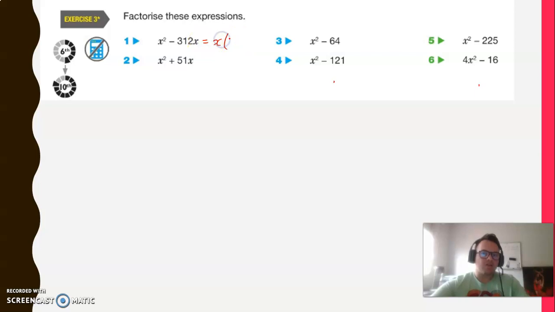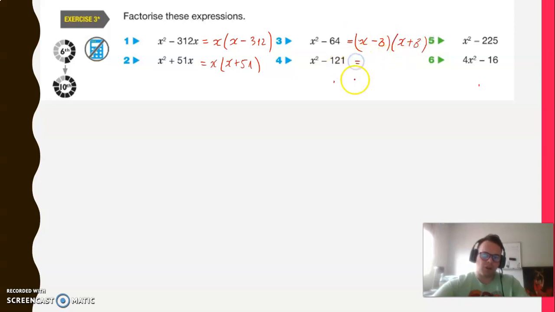So the answer here is x times x minus 312, x times x plus 51. Here, as you probably have thought of, 64 is 8 squared, so x minus 8 times x plus 8.